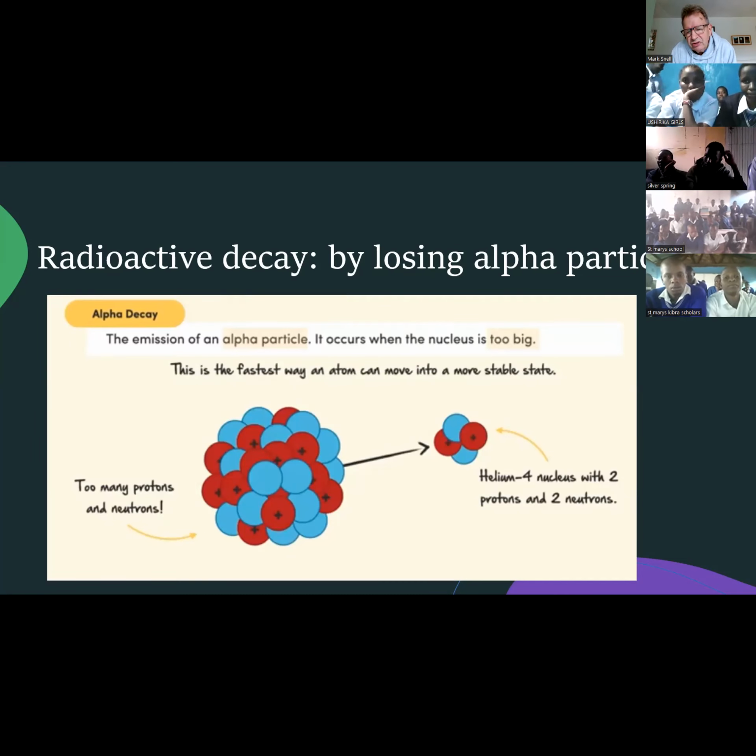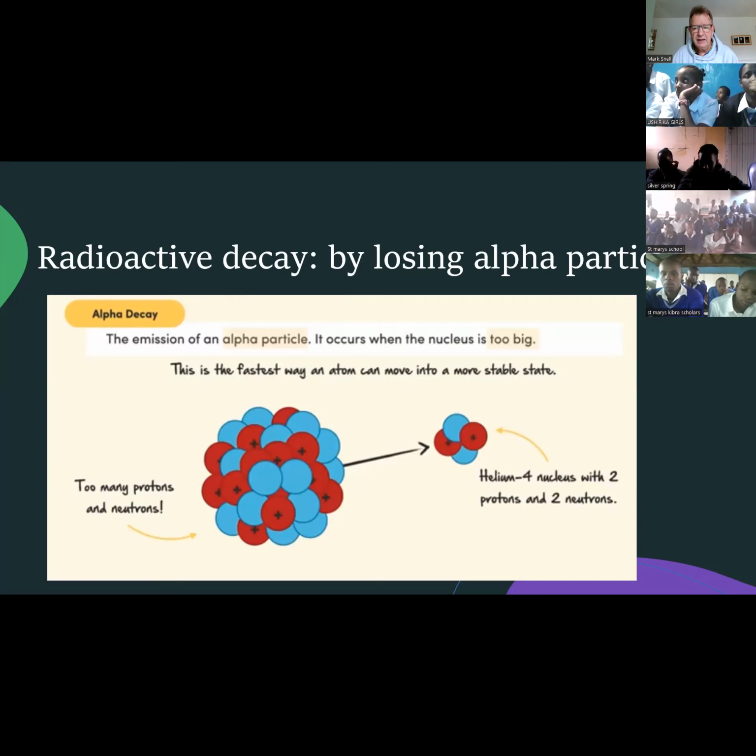But if an atom is too big, very big atoms usually use loss of helium nuclei, alpha particles, to become more stable. Now, when a radioactive chemical decays, it may decay into another radioactive chemical.